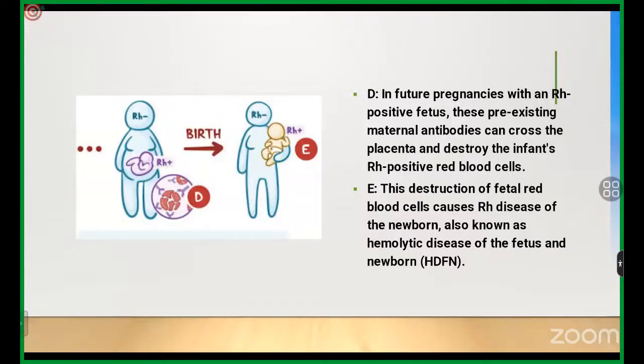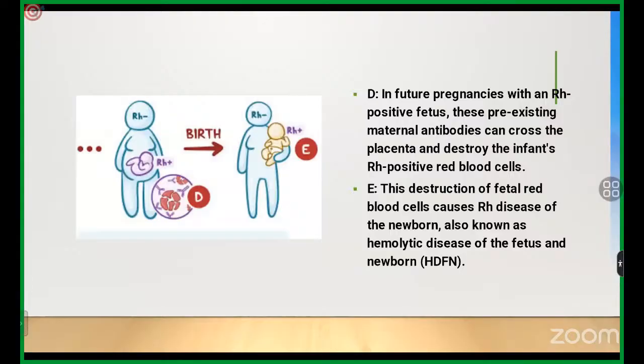So when we look at figure D, future pregnancies with Rh positive fetus, these pre-existing antibodies can cross the placenta and destroy the infant's Rh positive red blood cells.